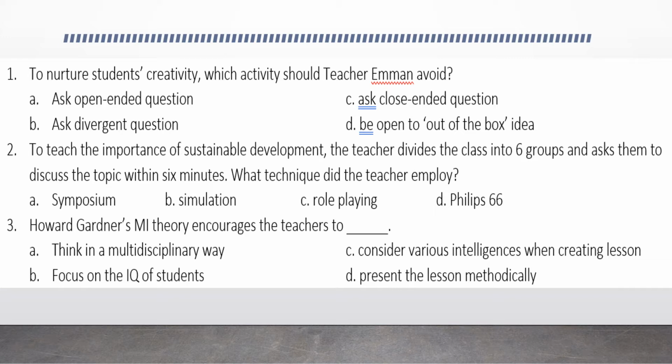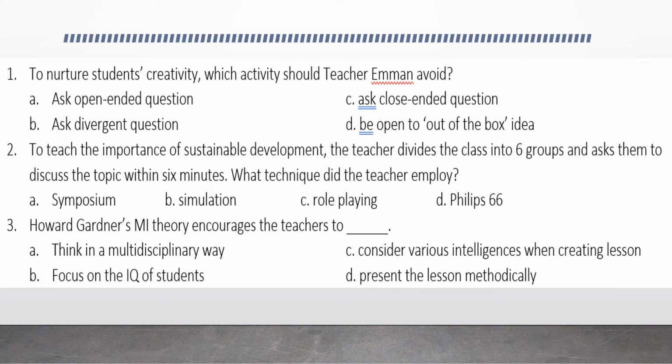So remember, Howard Gardner's MI. MI stands for multiple intelligences. So in this theory, Howard Gardner emphasizes that our students vary in terms of their intelligences.